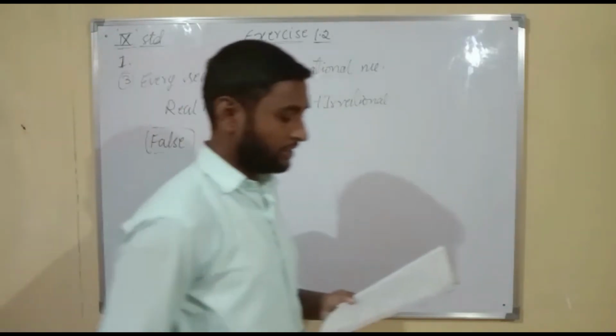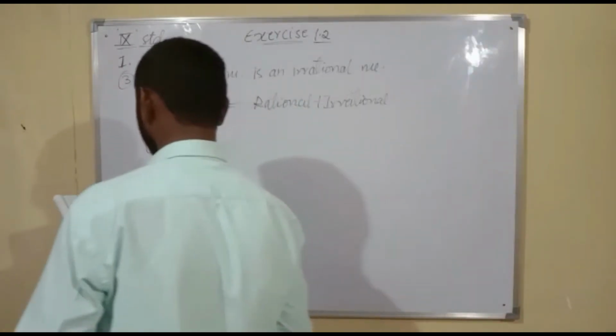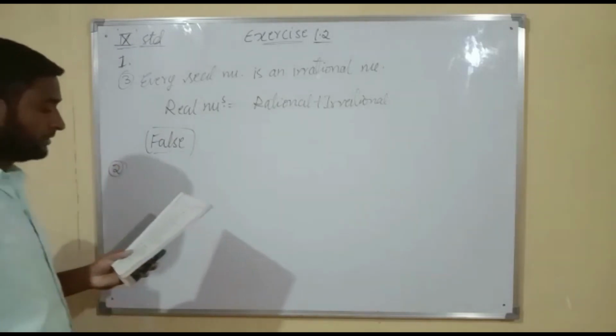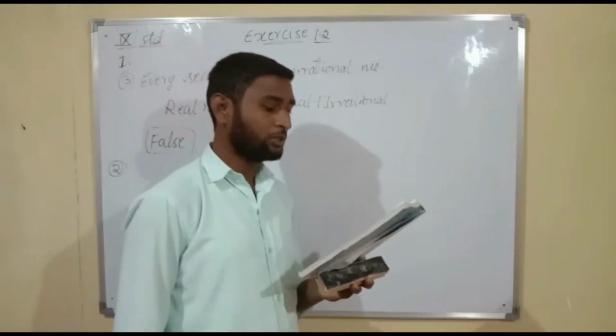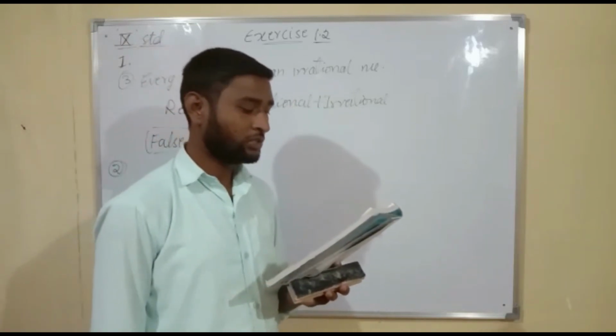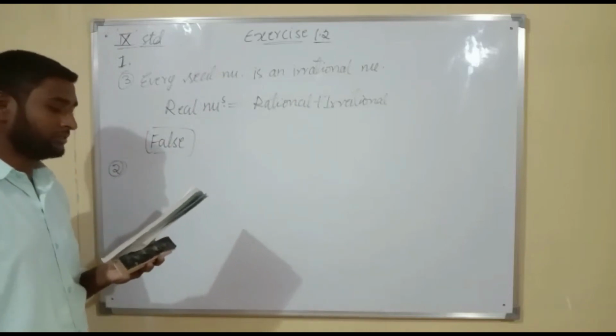The second question is also given there. Look at the second question: are the square roots of all positive integers irrational? If not, give an example of the square root of a number that is a rational number.